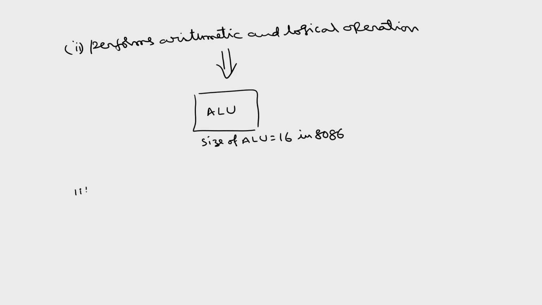The third one is testing for conditions. If you want to check which of two numbers is larger, in such applications we have to test some conditions. In order to test conditions, the microprocessor requires a register, which is the flag register.